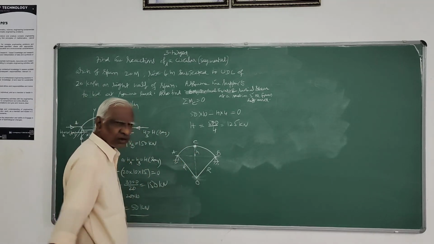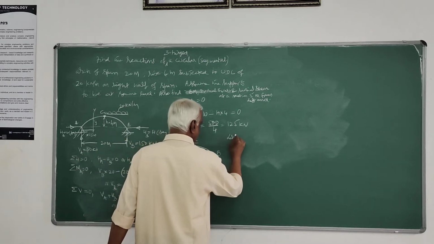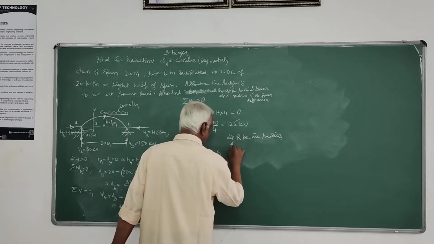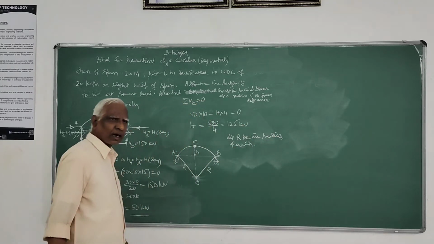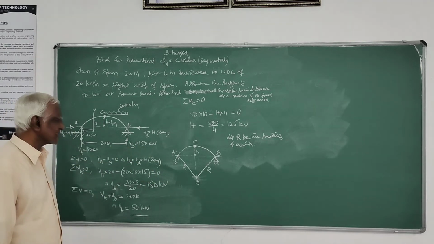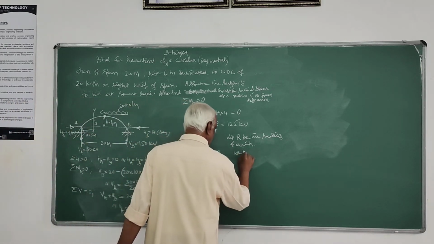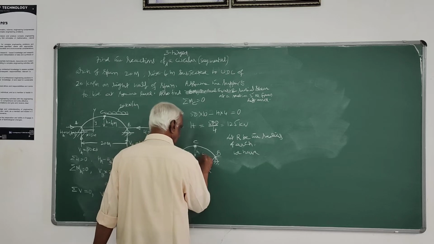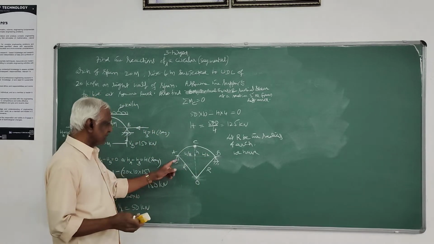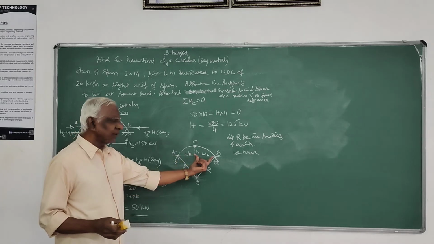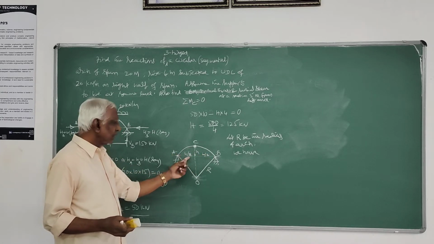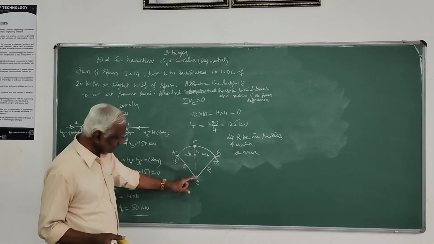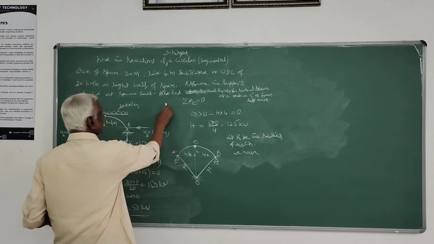Even this OC is also R. So let R be the radius of the circular arch, that is the segmental arch, like this. Then, I think you already know the chord rule of geometry. The chord rule says L by 2 into L by 2, because this is span L and this is exactly at the center, is equal to H into this distance in a circle.